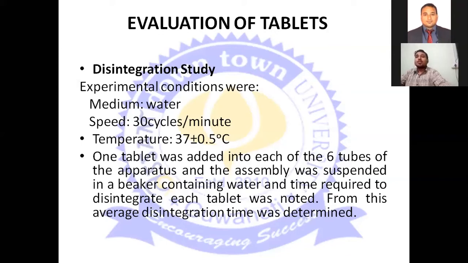One tablet was added into each of the 6 tubes of the apparatus and the assembly was suspended in a beaker containing water, and the time required to disintegrate each tablet was noted. So for each tablet, the time at which it disappears is called the disintegration time.